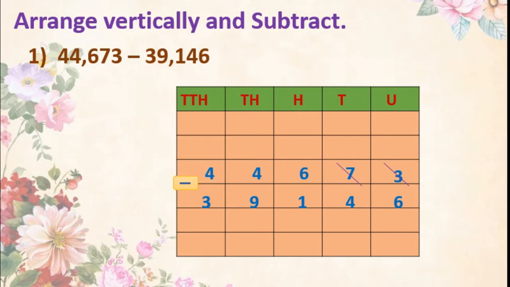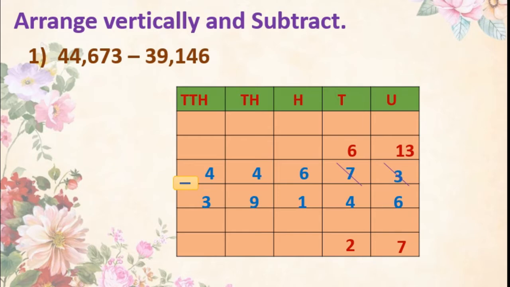Okay, 1 ten is equal to 10 units, correct? So 10 units plus these 3 units together became 13 units. And in the tens place 6 tens remained, correct? Now we will minus. 13 minus 6 is equal to 7. 6 minus 4 is equal to 2, correct? Now these two columns are over.